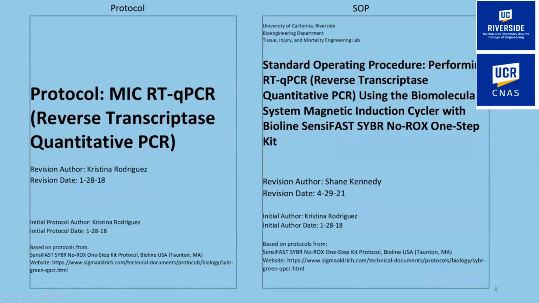So firstly, one of the requirements for an SOP is that it be written by somebody who is familiar with the procedure itself. And here, because I have extensive experience with qPCR, I've taken our qPCR protocol. On the left, you'll see our protocol as it was before.